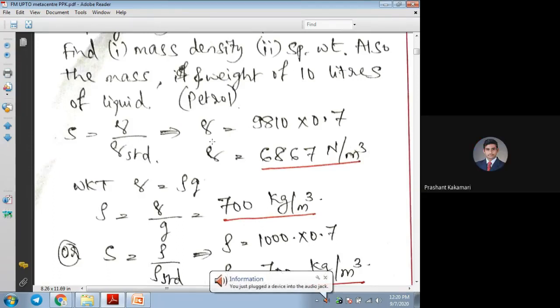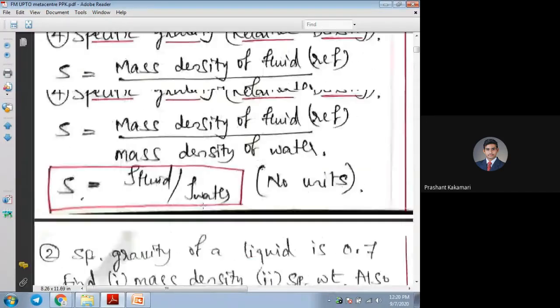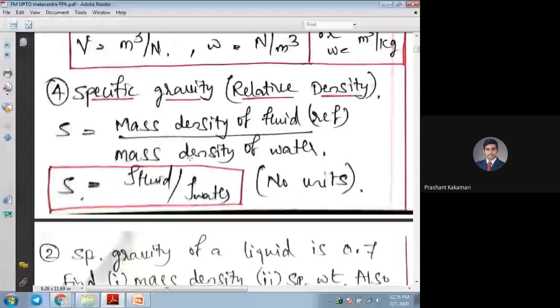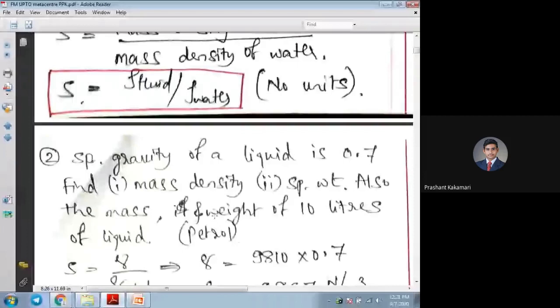Yes, that you have to substitute and find the mass density for petrol. Substitute in this equation to find the mass density of the fluid: 1000 into 0.7 is 700 kg per meter cube.